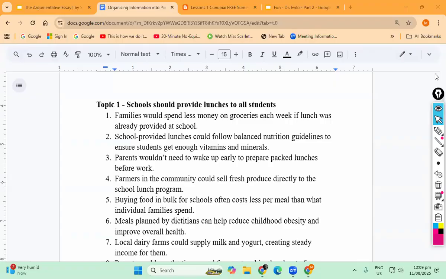All right, now you can tell me in the chat. What are the three main reasons you think these points are getting at? Parents would save money. That's a piece of the point. There's one other piece of that point.